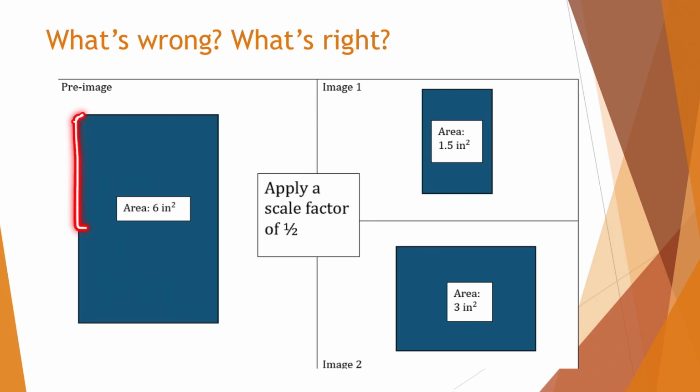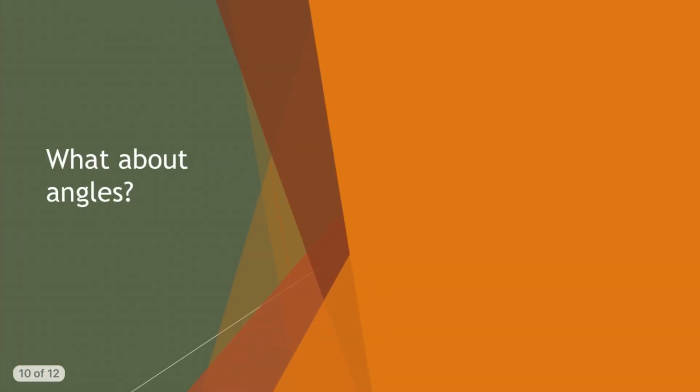So when we do 1/2 of the sides, we actually end up with 1/4 of the original area because we're multiplying both sides by 1/2. When we find the area of a rectangle, we're actually doing 1/2 times 1/2, which comes out to be 1/4. So just be a little bit careful about that. Make sure that you're multiplying the sides by your scale factor and not the area by your scale factor.